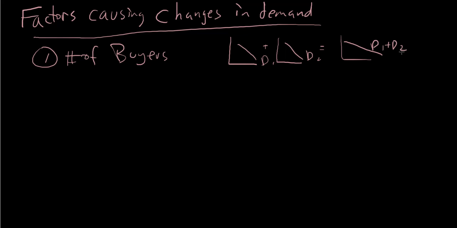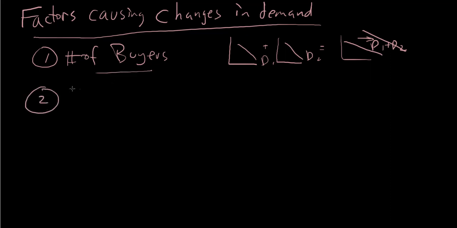And we talked about that yesterday, right? So if there is one more buyer, this will push the demand curve to the right, right? And so if there are more buyers, there's going to be an increase in demand. If there are fewer buyers, there's going to be a decrease.